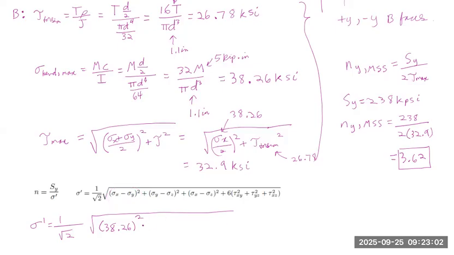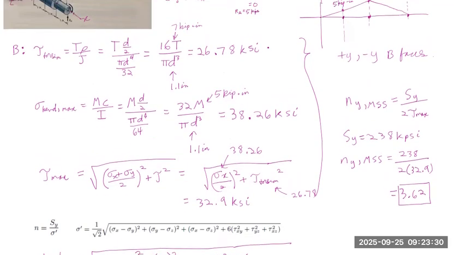For the second term, we have no sigma y and no sigma z, so it is plus 0 squared. For the third term, we have only sigma x, so it is just 38.26 squared. And then plus 6 times all these shear stress terms. Well, our torsion term over here is our only shear stress term.